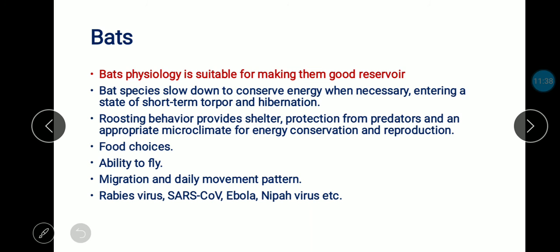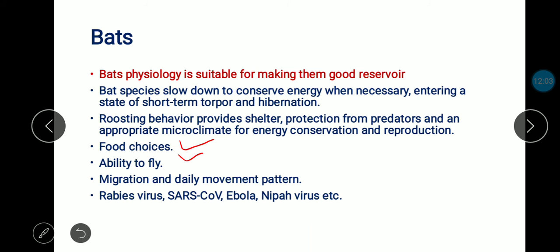Then the food choice of bats: the food chosen by bats is plentiful in amount. Bats also have the ability to fly, hence self-protection as well as well-protected habitats.